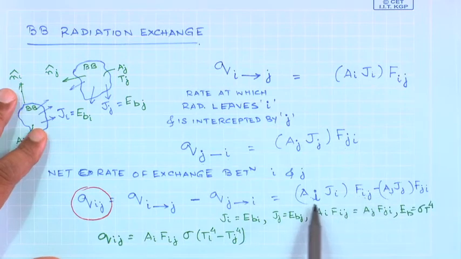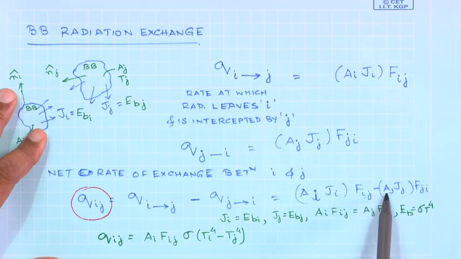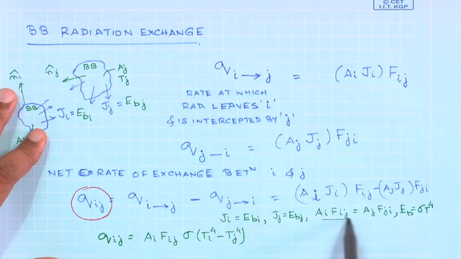If you look at this, I have simply substituted Aj Fji by Ai Fij, which I can write from the reciprocity relation.